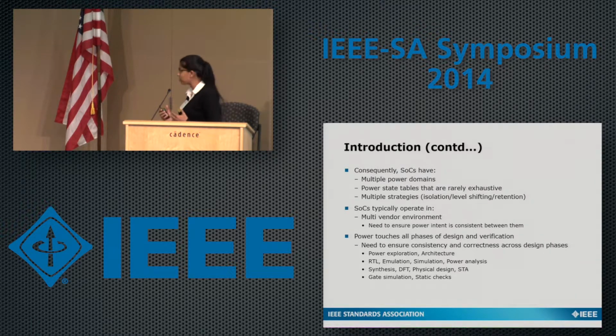And there are also different power state tables that are really exhaustive. It's impossible to actually capture all the different system-level power states of a big SoC. And there are different types of strategies like isolation, level shifters, retention, power gating, and repeaters that have to be captured in this power intent file.